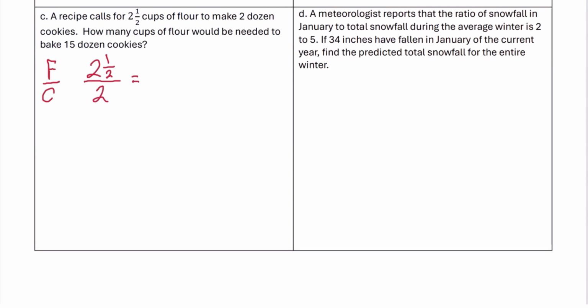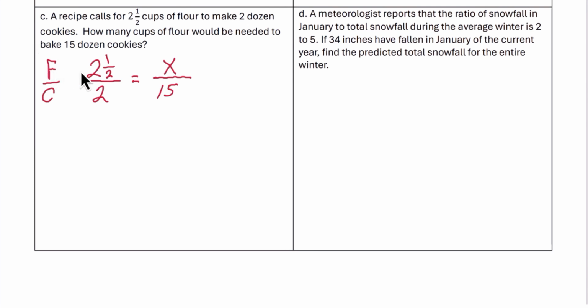Let's set that equal to another ratio with the same units. It's asking for how many cups of flour. So we don't know the numerator. We'll make it x. And the denominator is 15 dozen cookies. To solve the proportion, we will cross multiply.